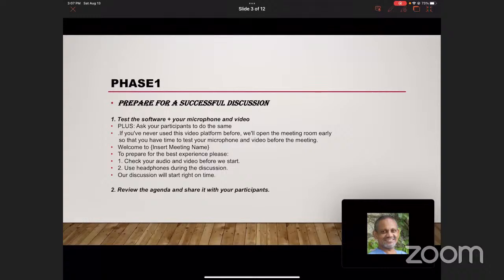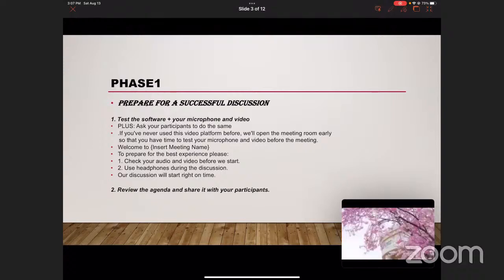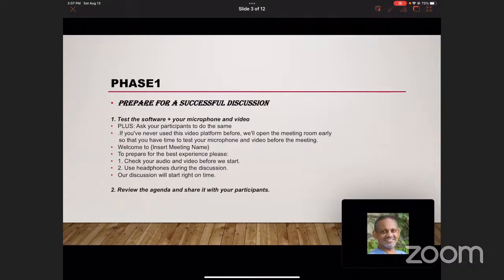Especially if you have never used this video platform before, you can do this by sending an email to the participants, or by creating a slide and writing down, for example: we will open the meeting room early so that you have time to test your microphone and video before the meeting.